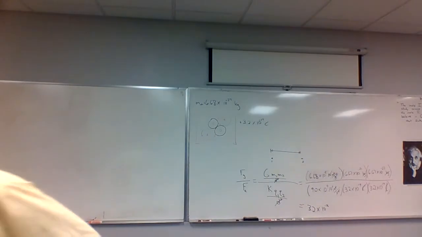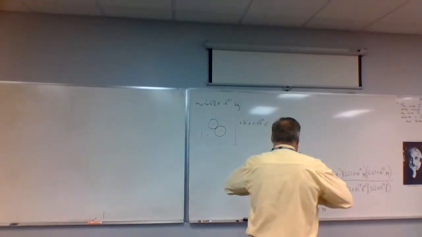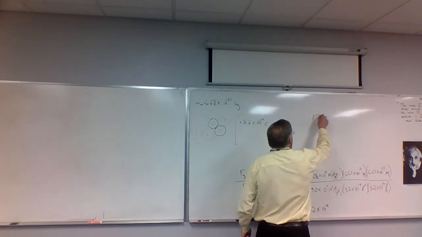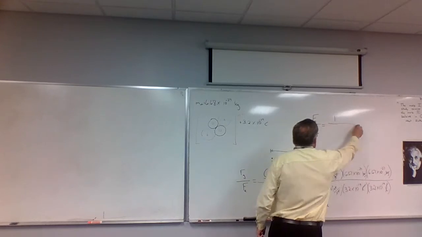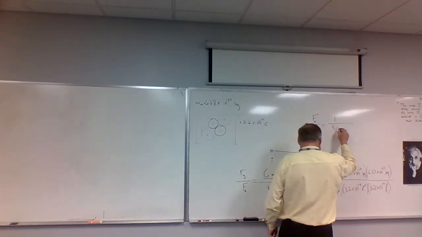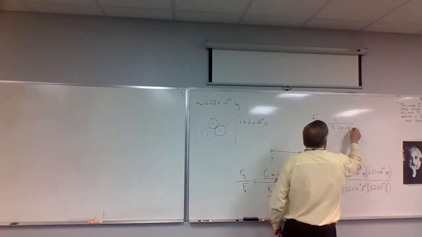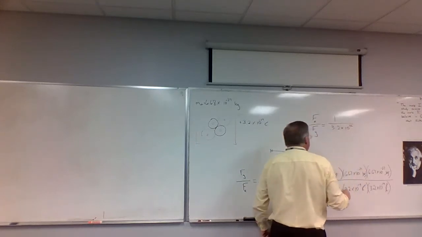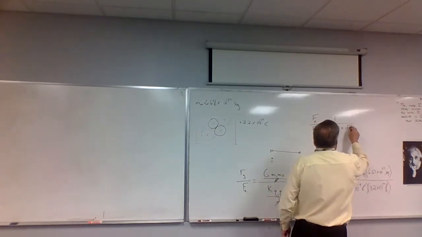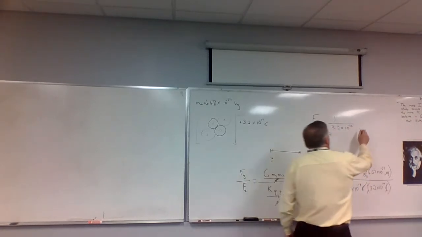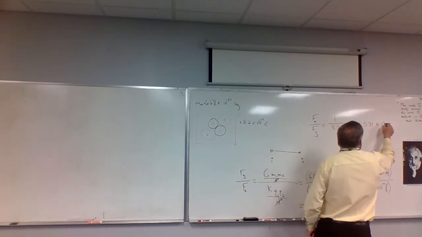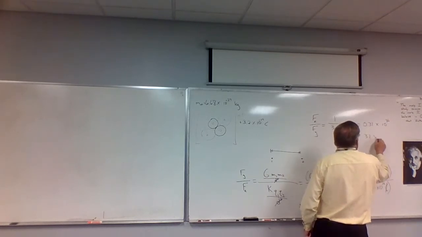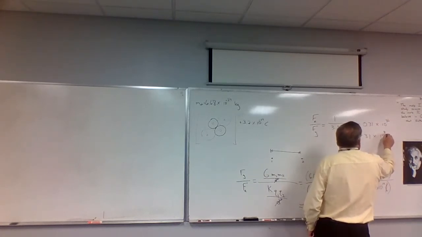I'm going to do it like this. I'll show you this way. So that means that f sub e divided by f sub g is equal to 1 over 3.2 times 10 to the 36th, right? 10 to the negative 36, and that is equal to 0.31 times 10 to the positive 36, and that's equal to 3.1 times 10 to the 35th.